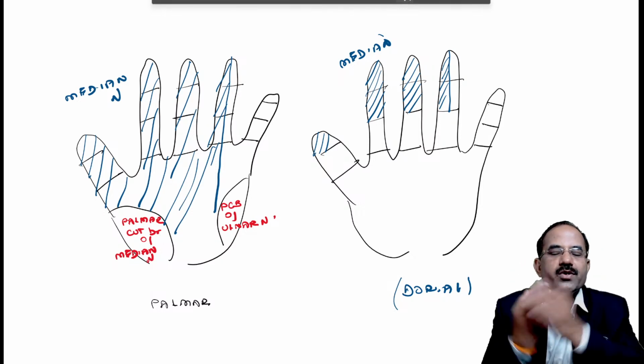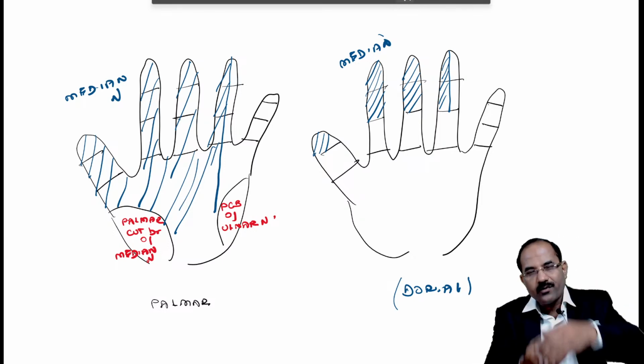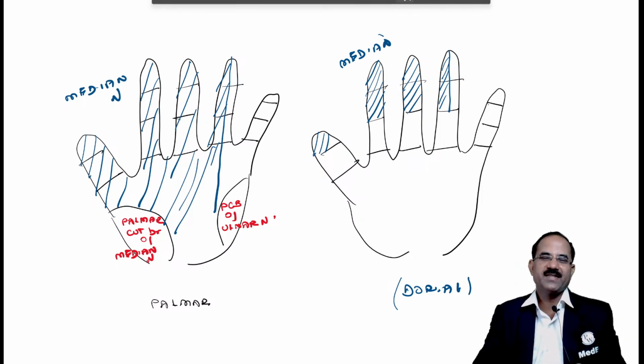On the dorsal aspect, it again supplies 3.5 fingers, but not the proximal phalanx.